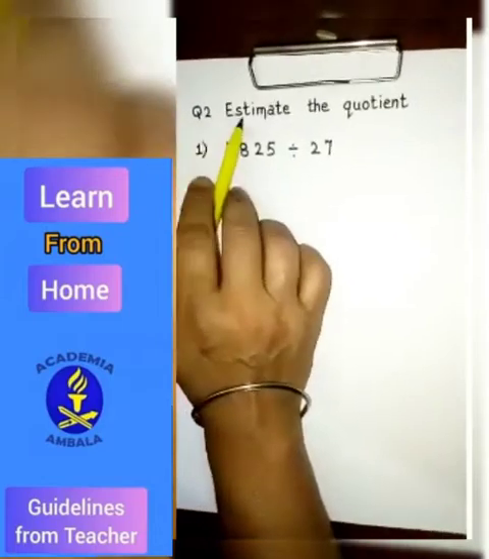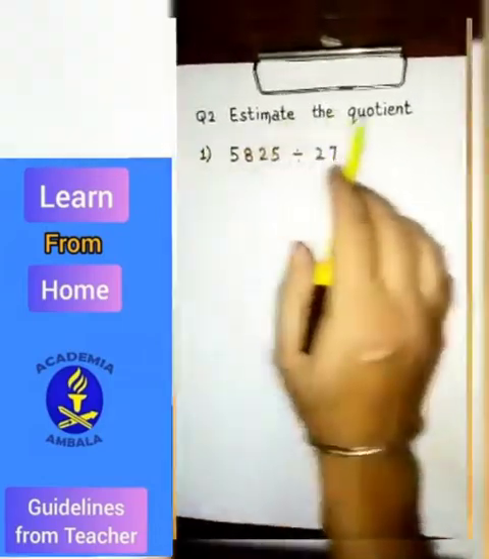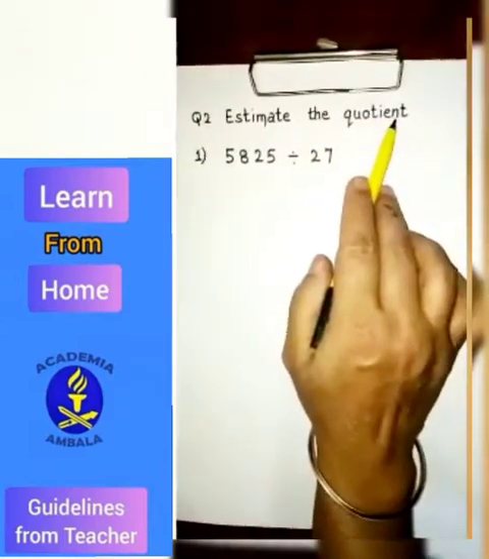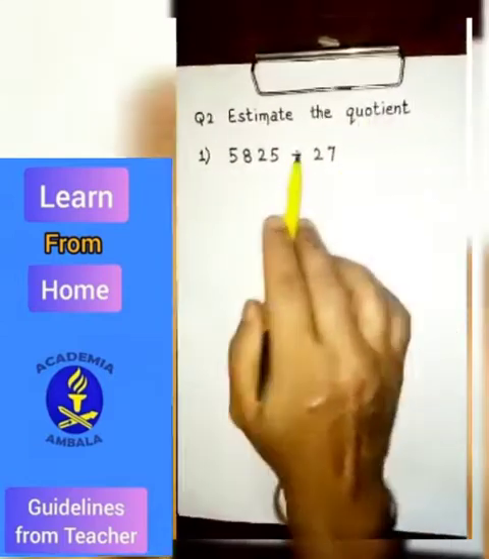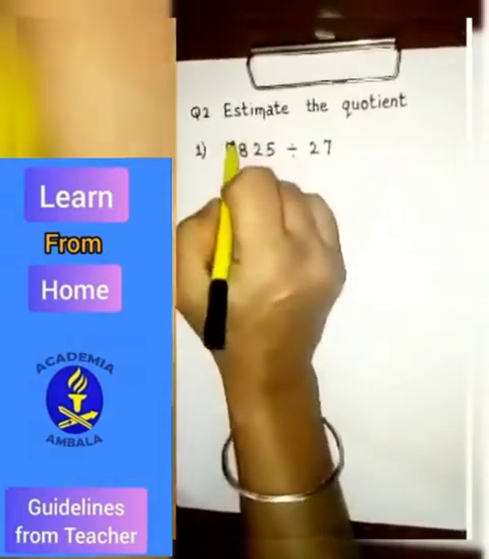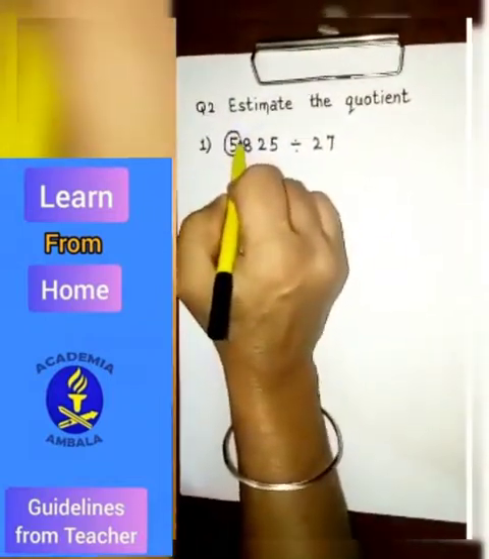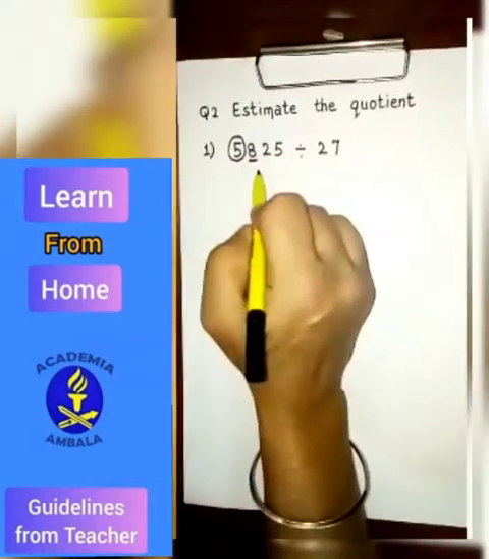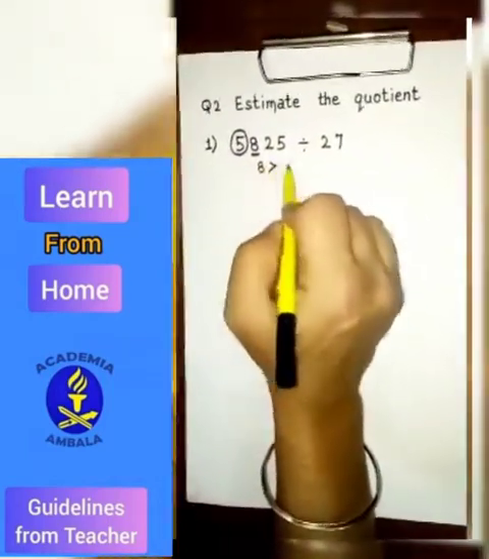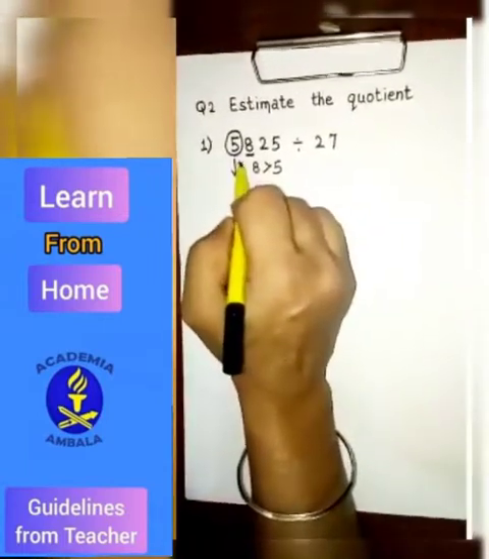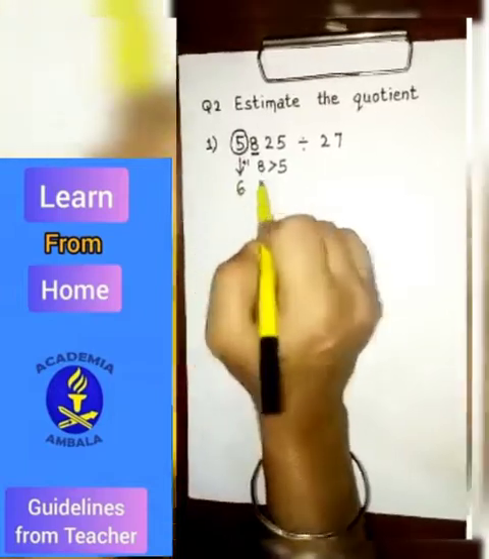Now we are going to do this question as the next question. Estimate the quotient. Now this is finding out the quotient, means you are going to divide them. Now in this number, the first digit is 5 and the very next digit to it is 8. Now 8 is bigger than 5. So we are going to add 1 in this and it becomes 6.